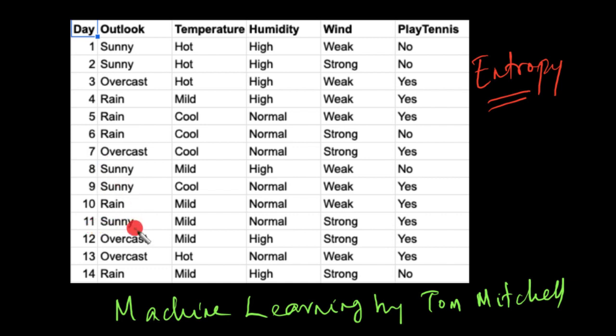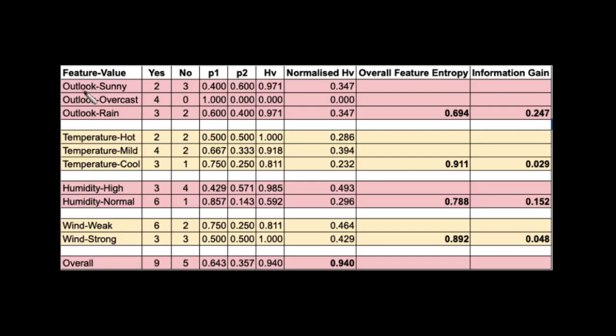So there are 5 times that the attribute outlook takes the value sunny. For sunny, we have no, no, no, then a yes, and then again a yes. What that means is that corresponding to outlook value sunny, you have 2 yes and 3 no.